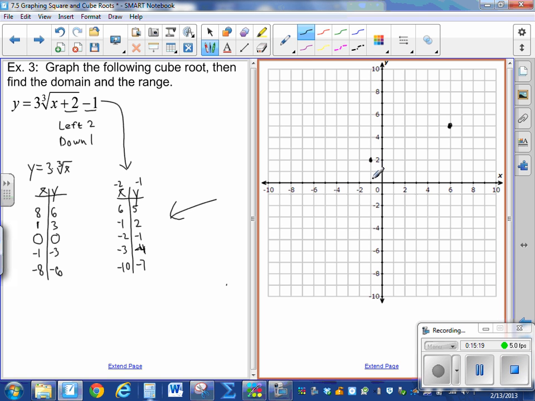Okay, next point's at -2, -1. Okay, next point is at -3, -4. And next point's at -10, -7. So it's right here, right on the edge of our graph.